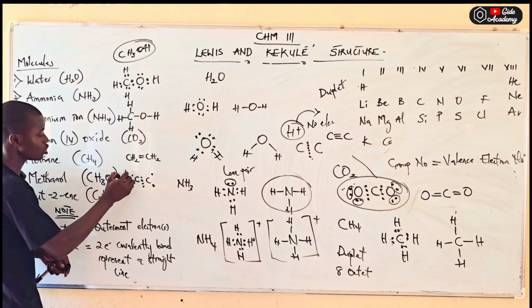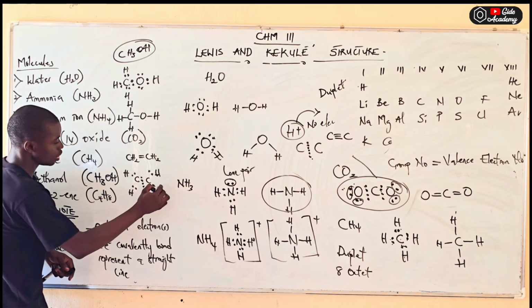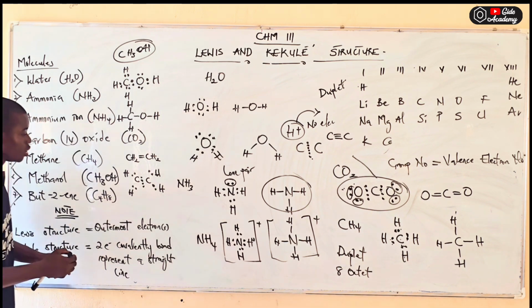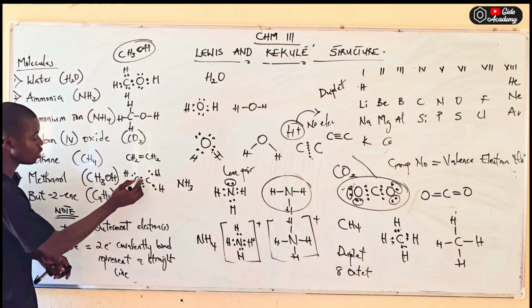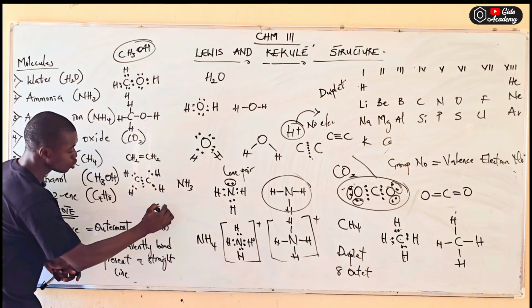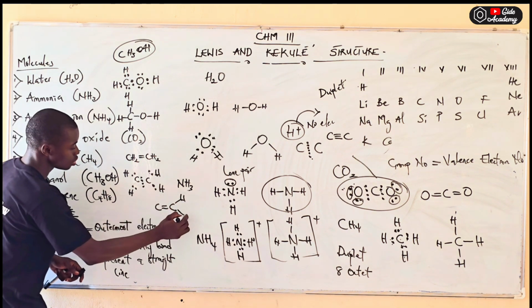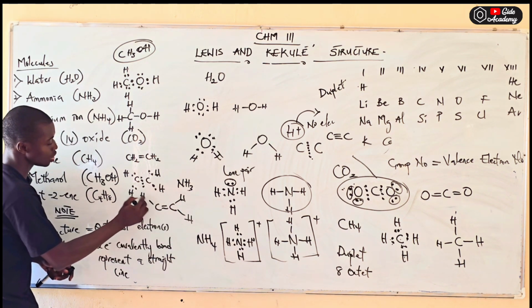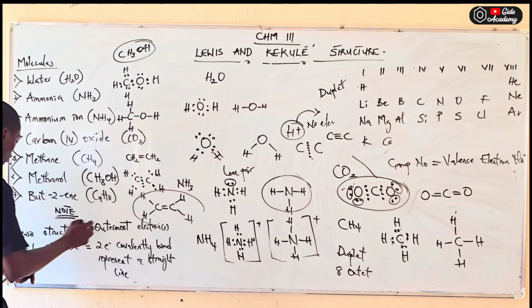A hydrogen will be bonded here, a hydrogen here, a hydrogen here, and another hydrogen here. At the end of the whole thing, how many electrons does the carbon atom have? 1, 2, 3, 4. As long as you have 4 electrons, it will be a carbon double bonded to carbon, single bonded to hydrogen, single bonded to hydrogen, single bonded to hydrogen, and single bonded to hydrogen. So this is the structure.